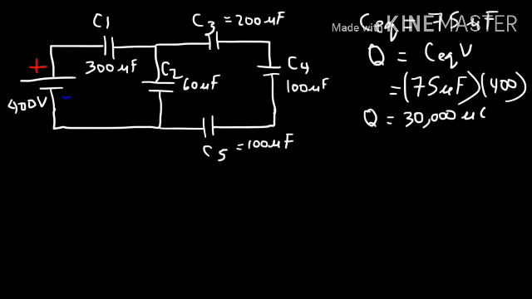I could say it's 30 millicoulombs, or you could say it's 0.03 coulombs. If you write it as 30,000 times 10 to the minus 6, that's 0.03 coulombs. But I prefer to keep it in microcoulombs because when I divide microcoulombs by microfarads, it's going to give me the unit in voltage. So I don't have to change anything. So I'm going to keep it as 30,000.